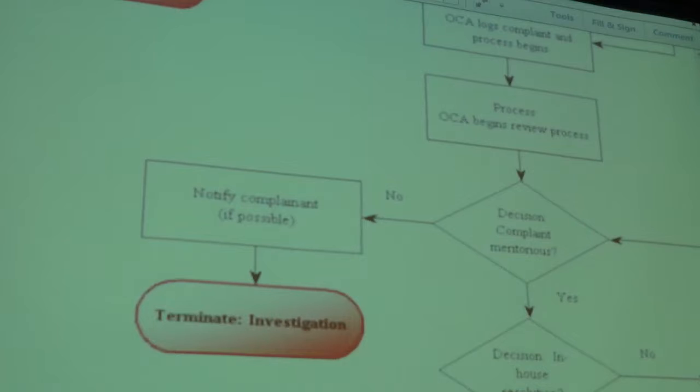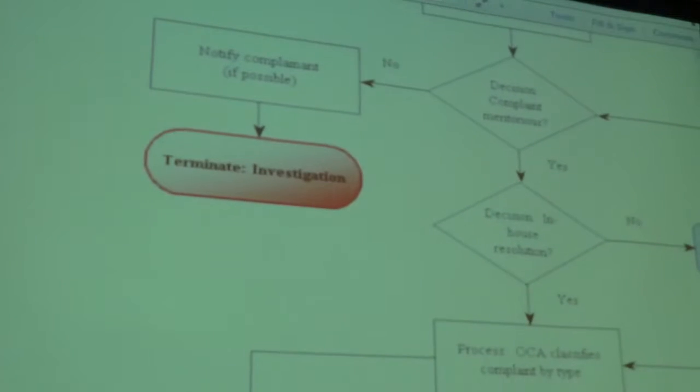Is it a legitimate complaint? If it's no, the person making the complaint is notified and the investigation is terminated. If the complaint has merit and it has some standing, then there's another decision point. Is there an in-house resolution, yes or no?